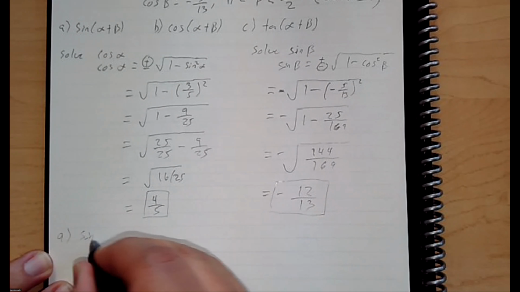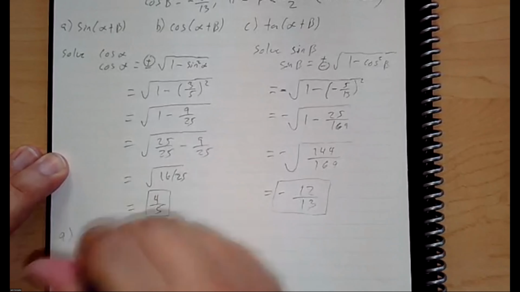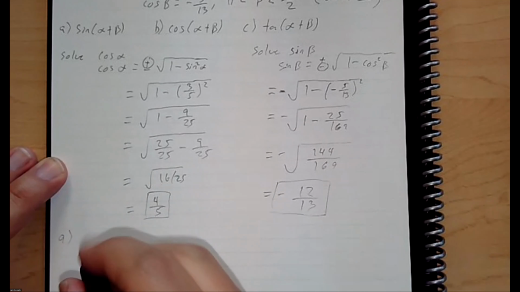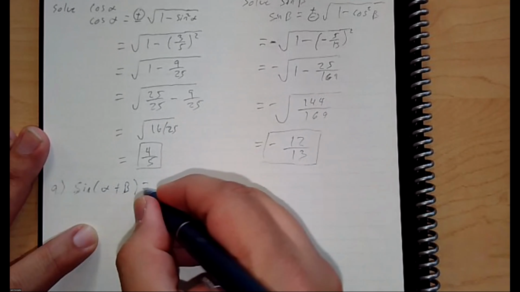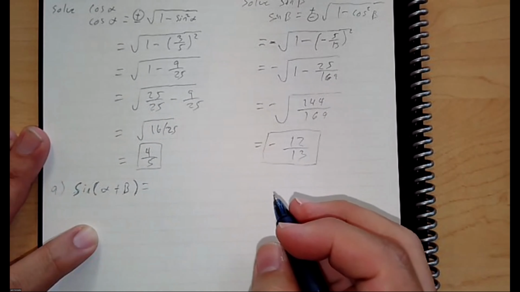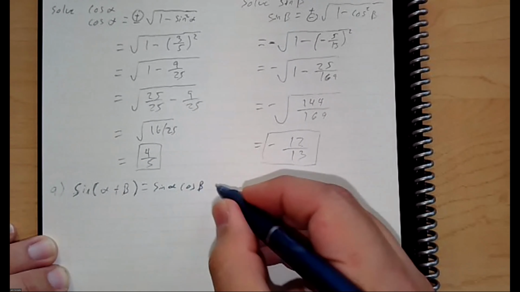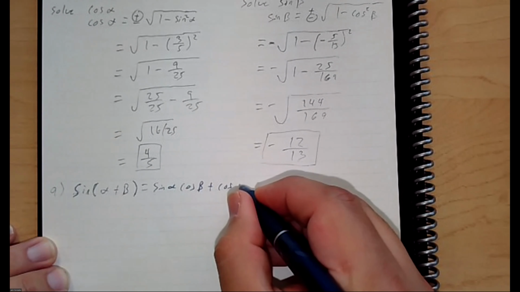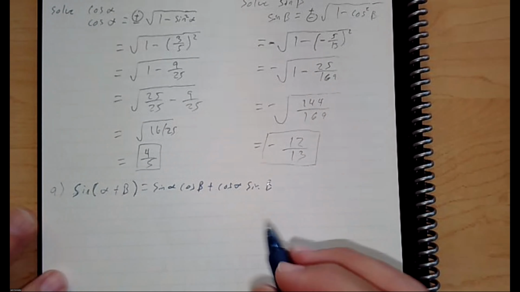So now we can solve part A. Sine of alpha plus beta is equal to sine alpha cosine beta plus cosine alpha sine beta. So just plug in what you know.